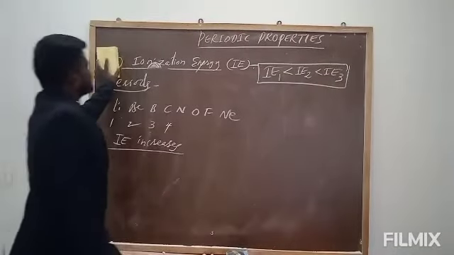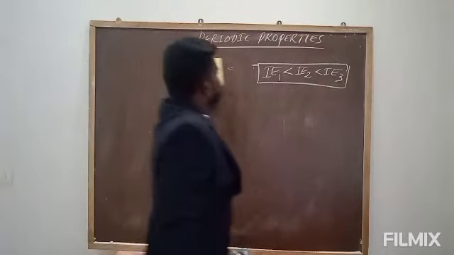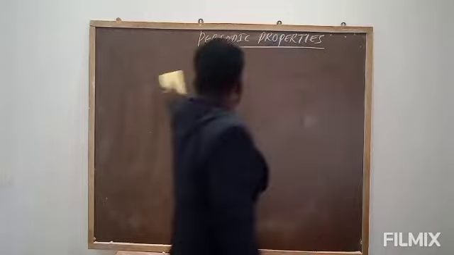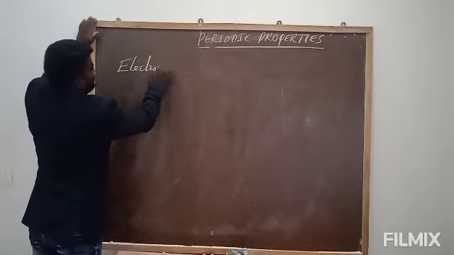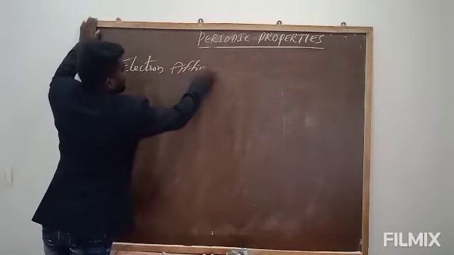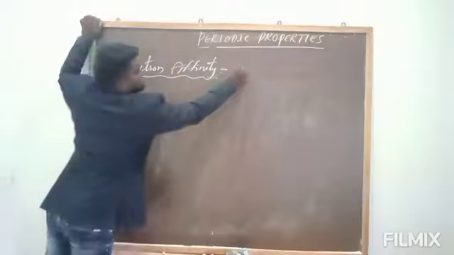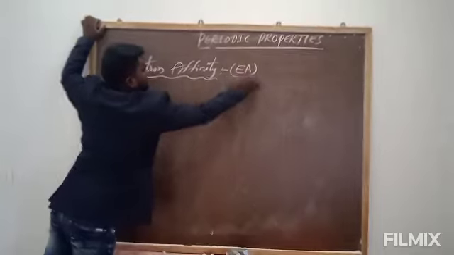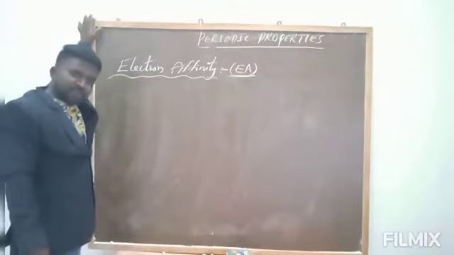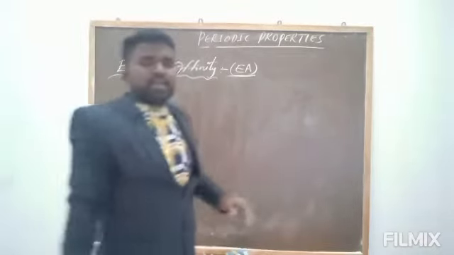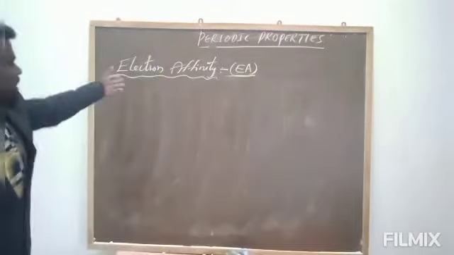Next, electron affinity. Short form is EA. Electron affinity or electron gain enthalpy. Now, what is the definition of electron affinity?